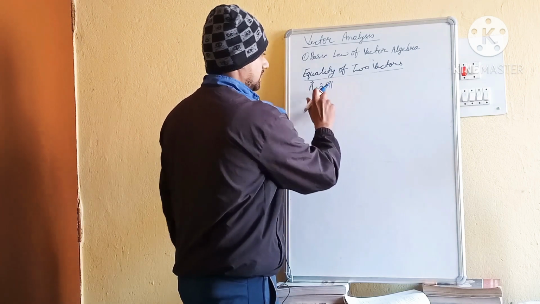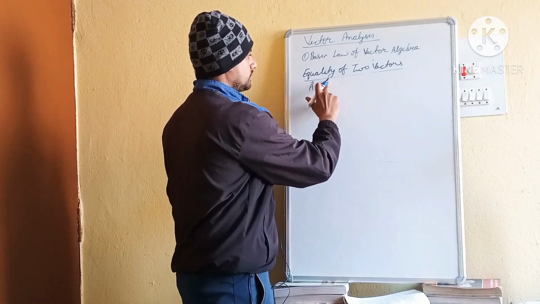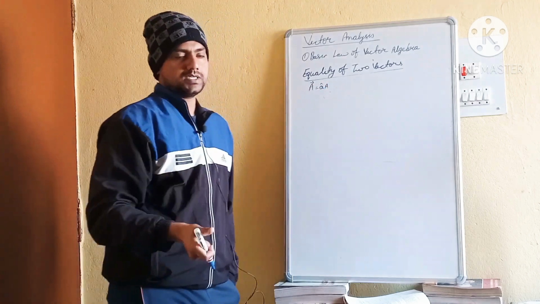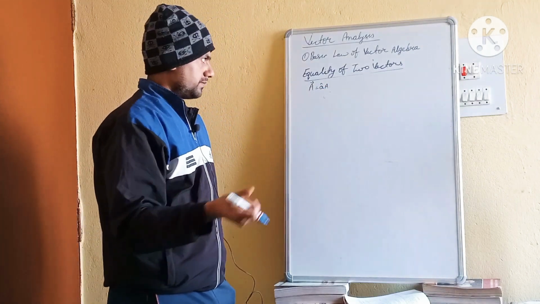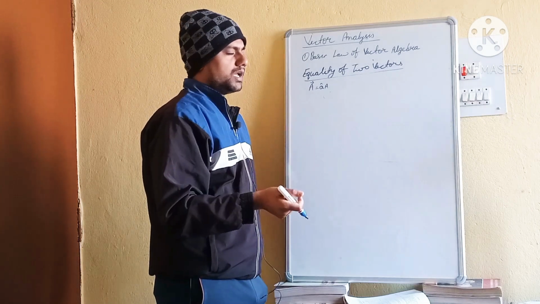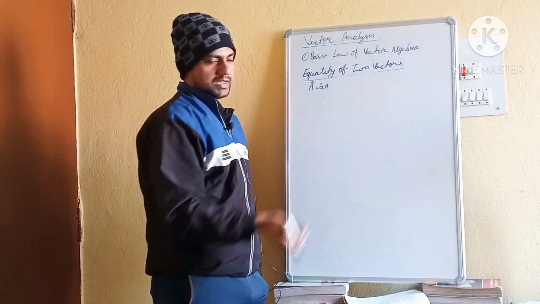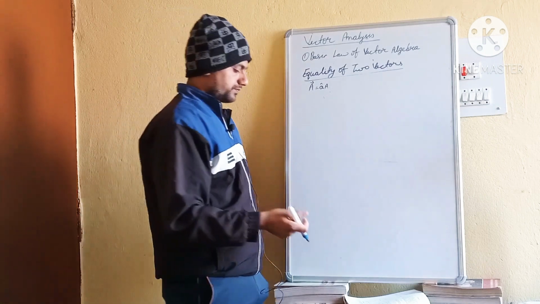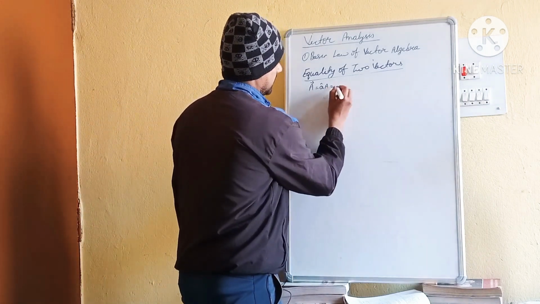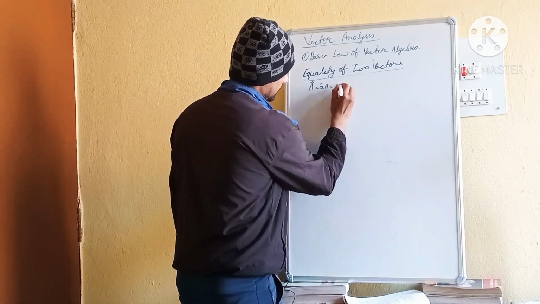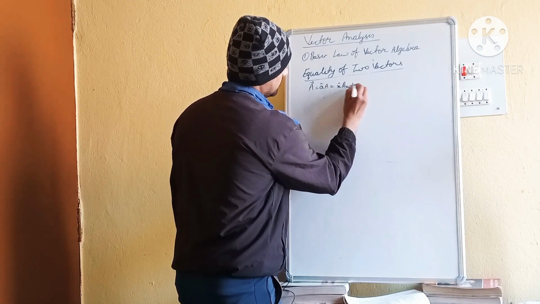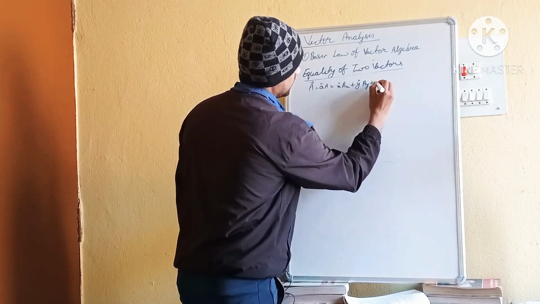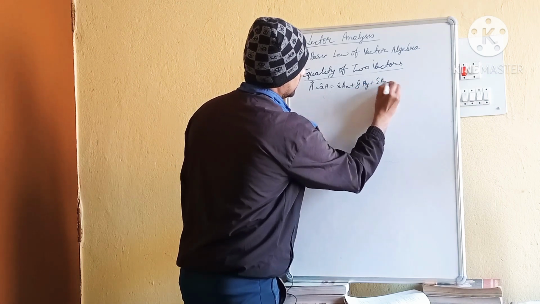At the place of this mod, I can also use only this A. It means if I simply write A, it represents the magnitude of vector A. So from now onwards, I will use only the letter, not the mod with the letter. So I can write x cap ax plus y cap ay, and then z cap az.